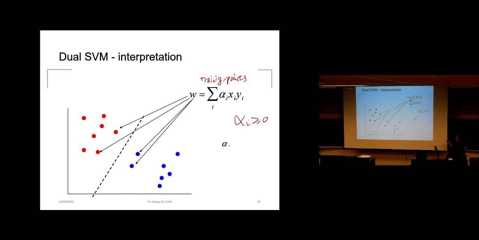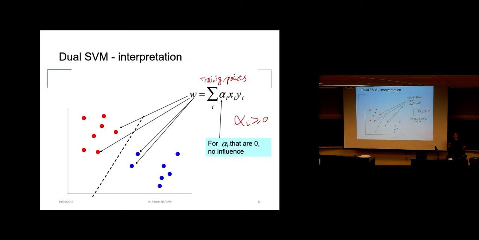Then let's go back to see what the relationship between W and alpha is. Because W equals the sum of alpha I, xi, yi, and the majority of alpha equal 0, which means what? Those points that are predicted very nicely have no influence on W at all.